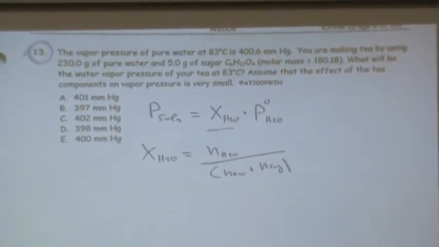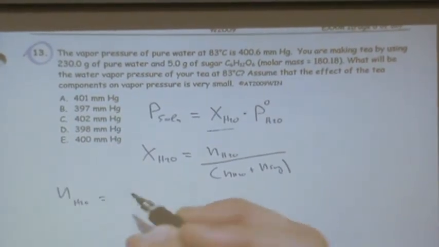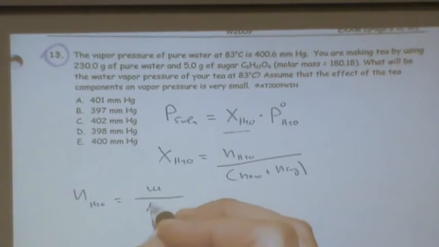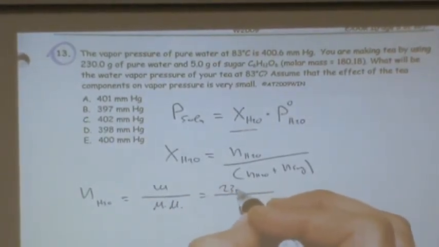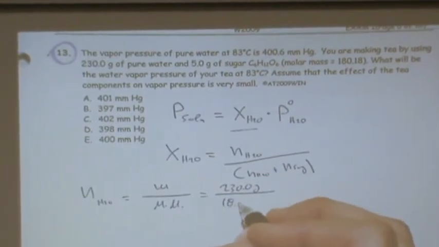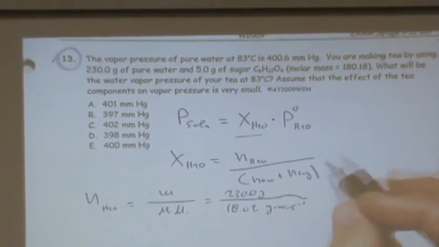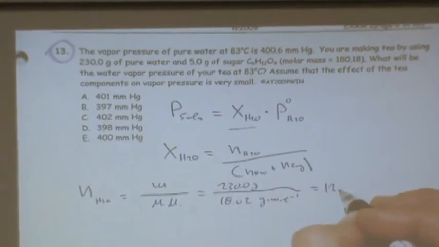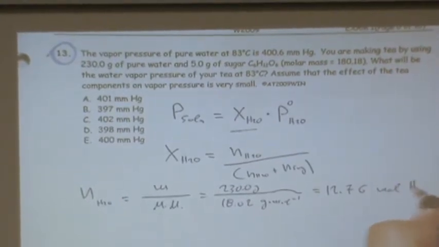That's the definition. So moles of water will be equal to the mass divided by the molar mass of water. So that will be 230 grams divided by 18.02 grams per mole. That will give you, well, 76 moles of water.